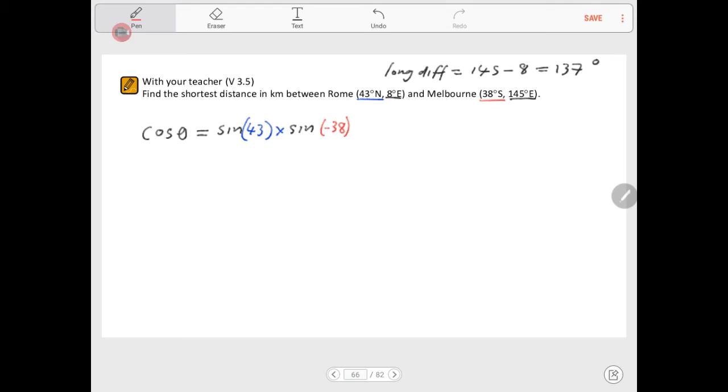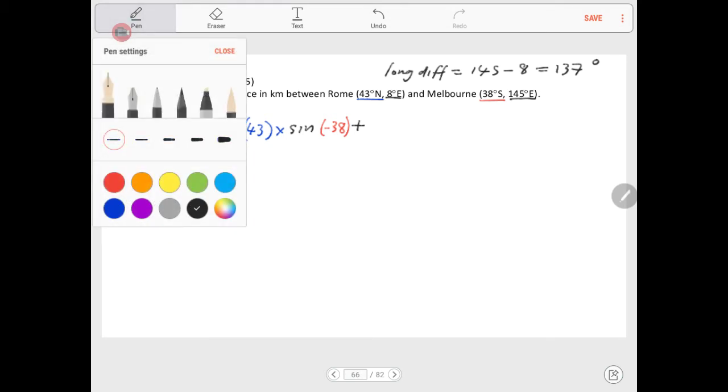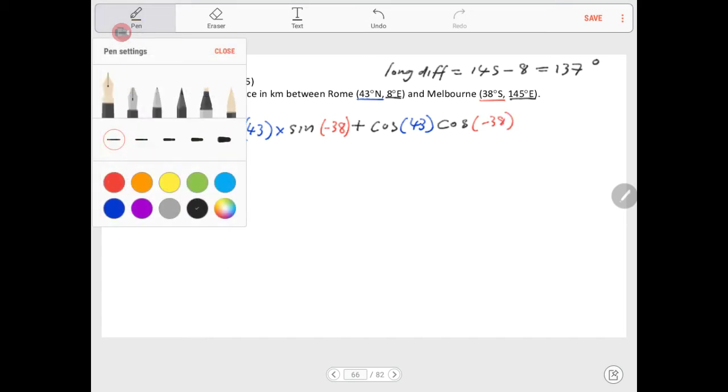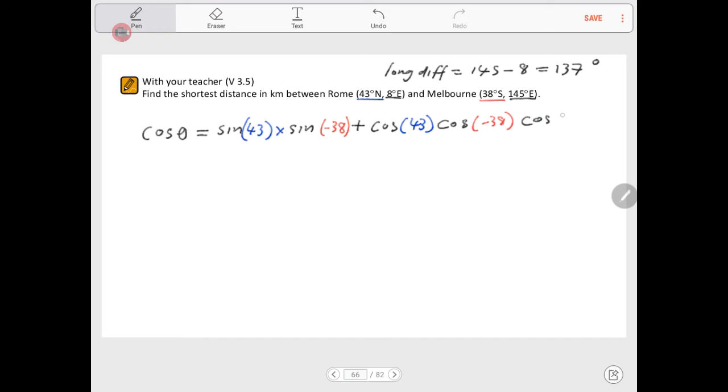A bit like the way that Google Earth worked with its latitude, longitude positions. North was positive, south was negative. Then we repeat those, but we have cosine, so cosine, and we'll put Rome's latitude, cosine with Melbourne's latitude, negative of course, and then we put the cosine of the longitudinal difference, the 137, right there.